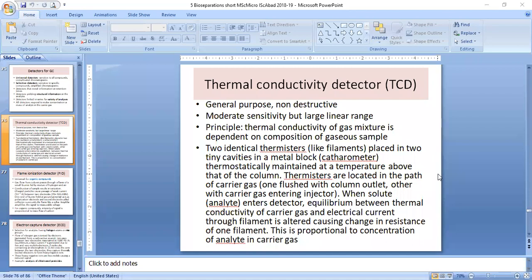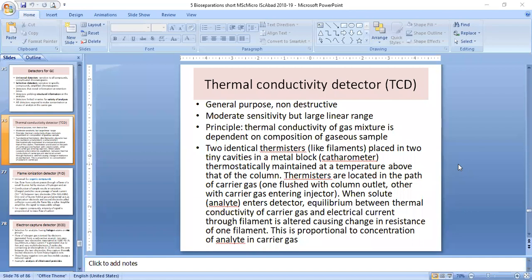Because these thermistors are kept at a certain high temperature, they are also conducting heat. Now, when the analyte goes through the detector, when the sample molecules are present in that mobile phase, the equilibrium between the thermal conductivity of the carrier gas and the thermal conductivity of the filament with the sample is altered. That alteration is detected in the form of an altered resistance.